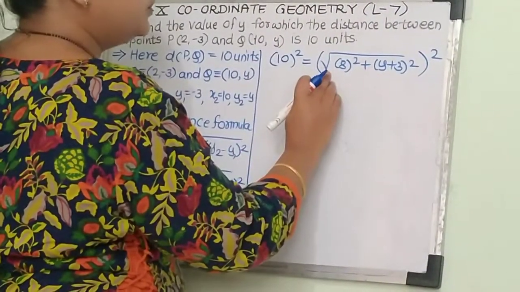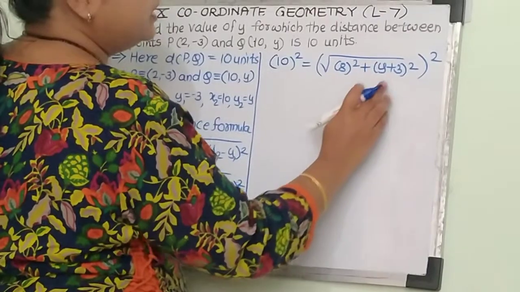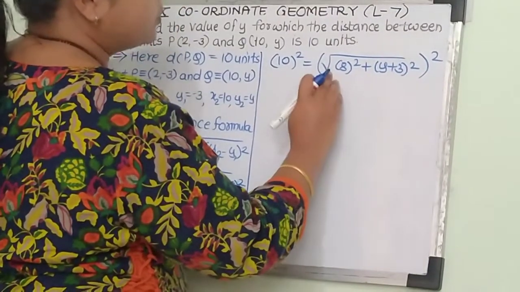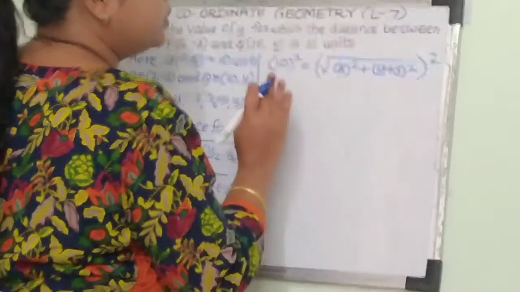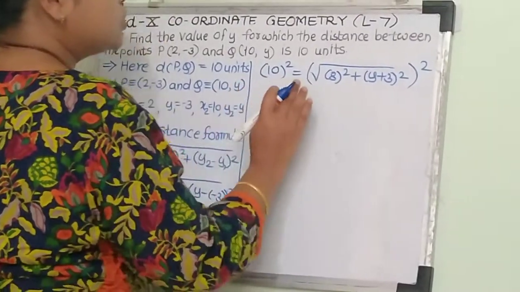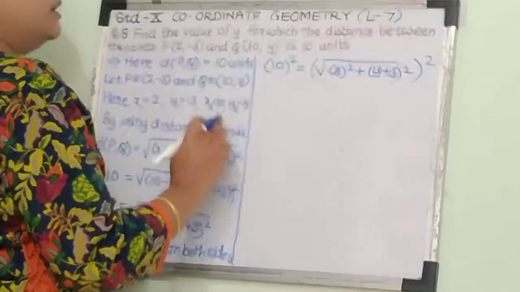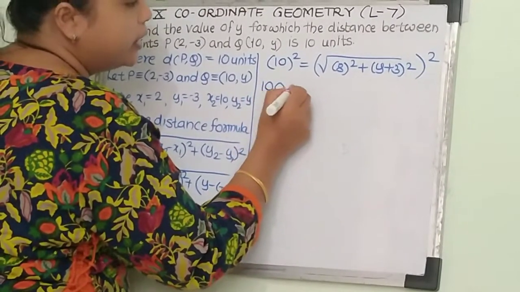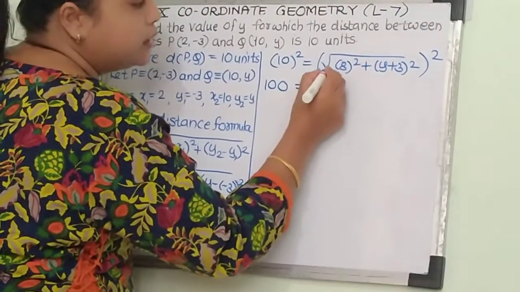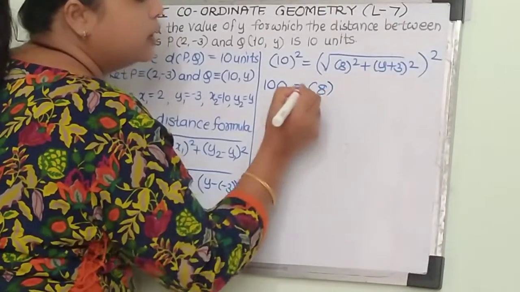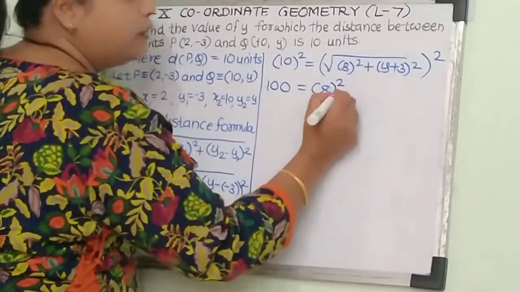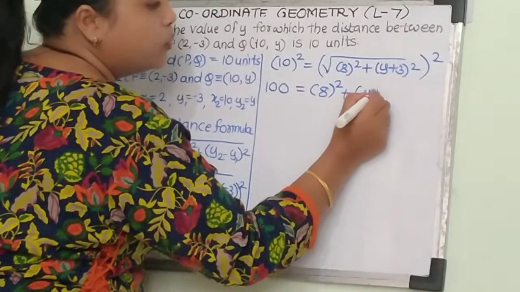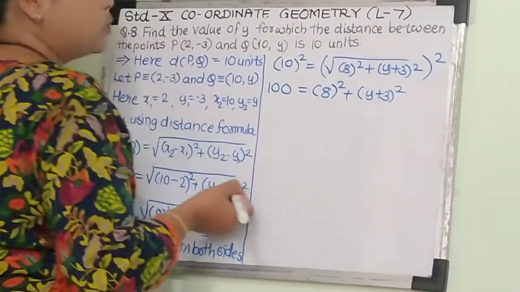Now square root means the power is 1 upon 2, and square root and square are always going to cancel. So here the square root sign will be removed. Here 10 square becomes 100 equals, and only 8 square plus (y plus 3) square is left.